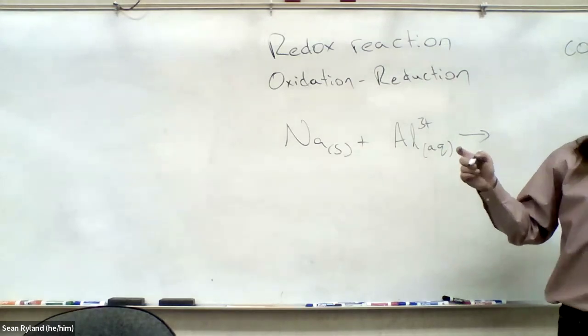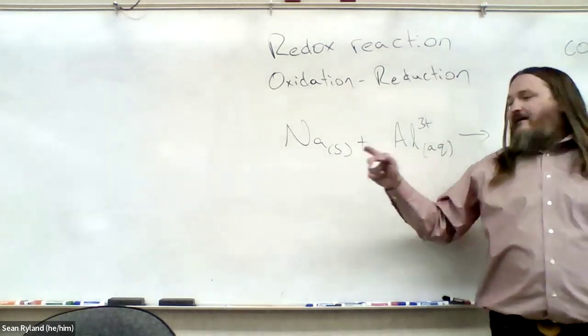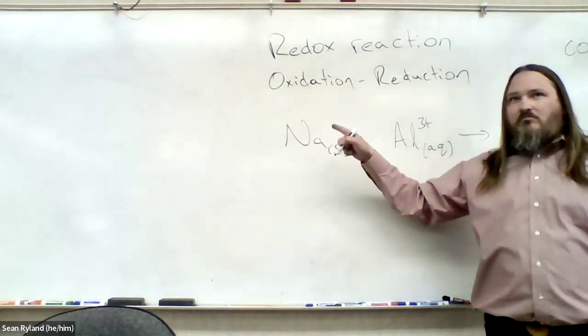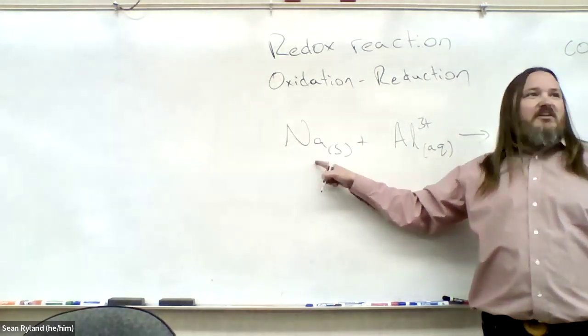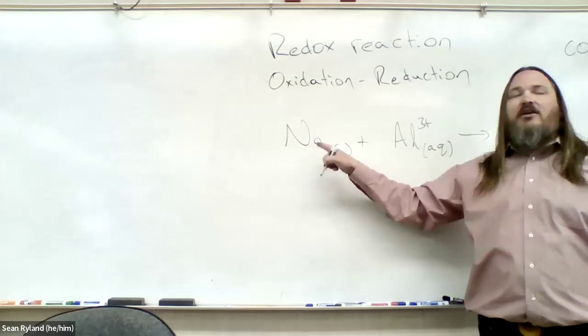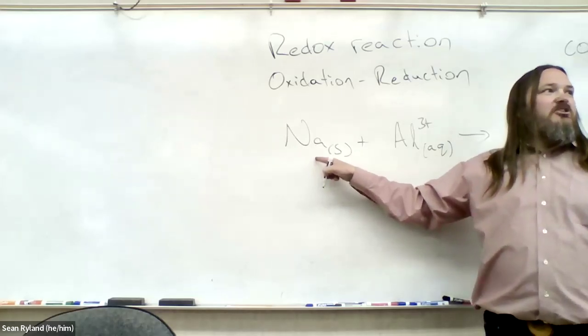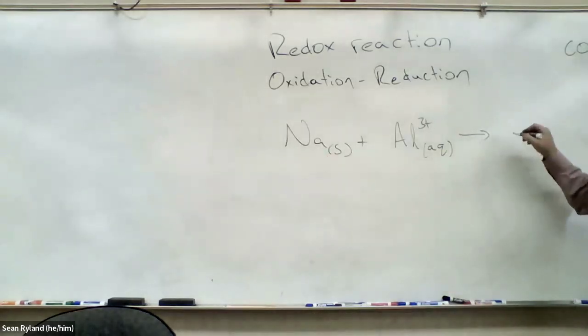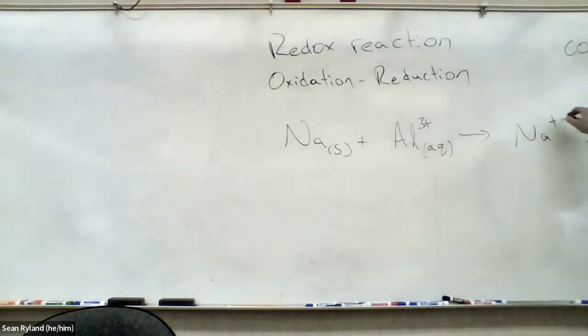They're both more stable as a charge, but sodium is way less stable when it's neutral compared to aluminum. The ionization energy for sodium is much lower. So what happens when you put these together is you make sodium ions and aluminum.